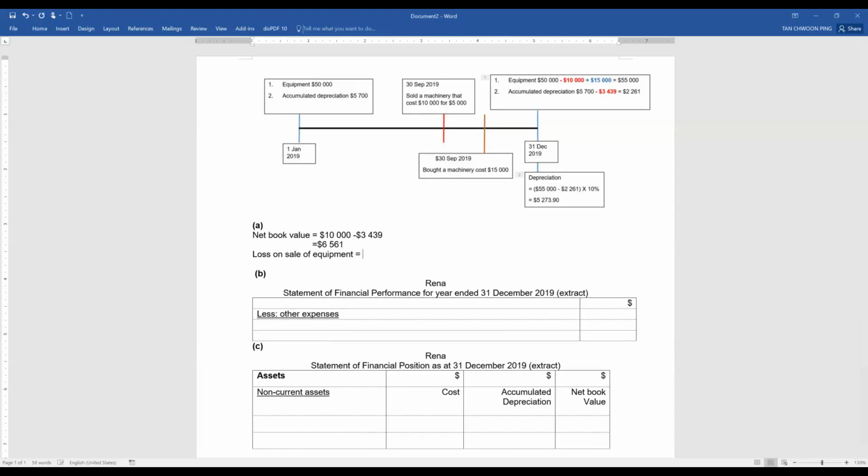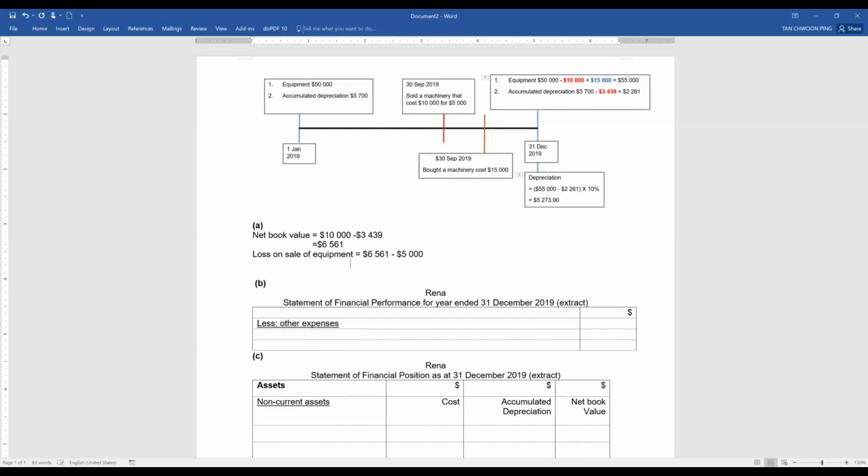So what I will do is take my net book value minus my selling price, which is $5,000. That would give us 1,561. So basically this is our loss on selling this piece of equipment, 1,561. So that is how we are going to answer part A.